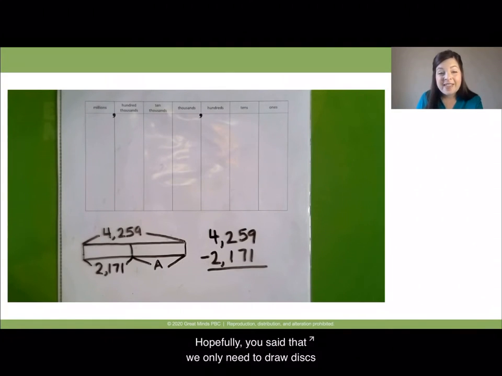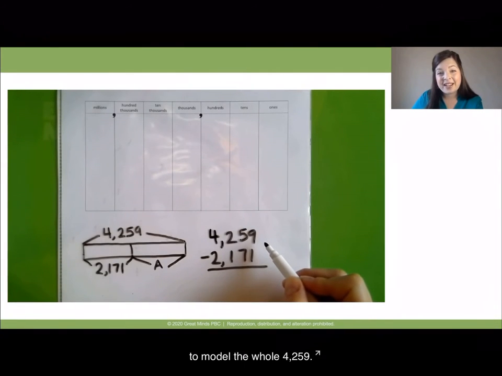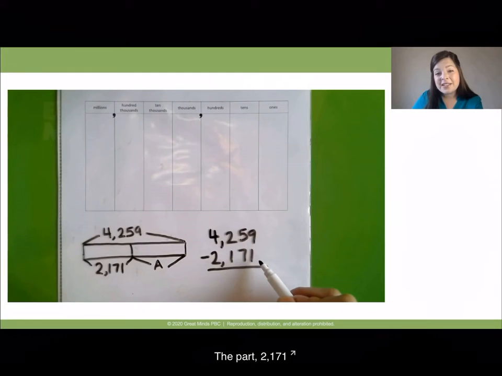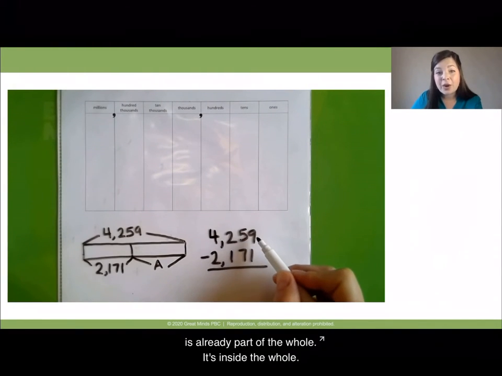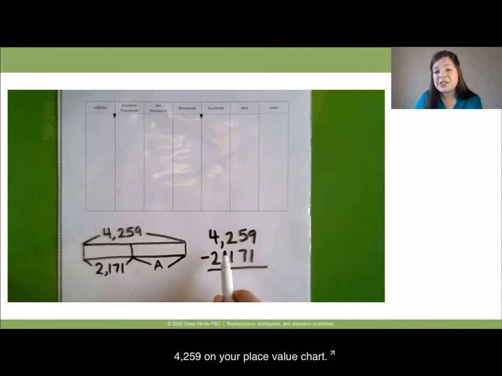Hopefully you said that we only need to draw disks to model the whole, 4,259. The part, 2,171, is already part of the whole. It's inside the whole. Pause the video now to draw disks to model 4,259 on your place value chart.